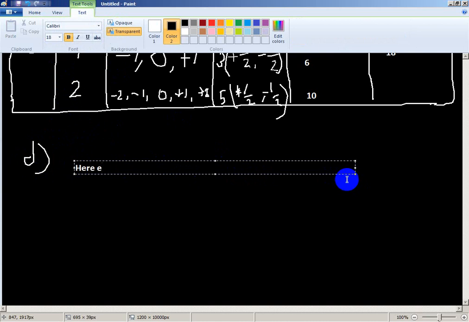Here in the atom, the electron moves from the third energy level to the second energy level.